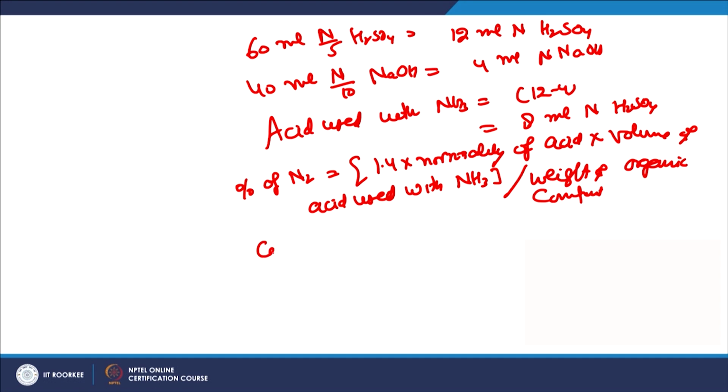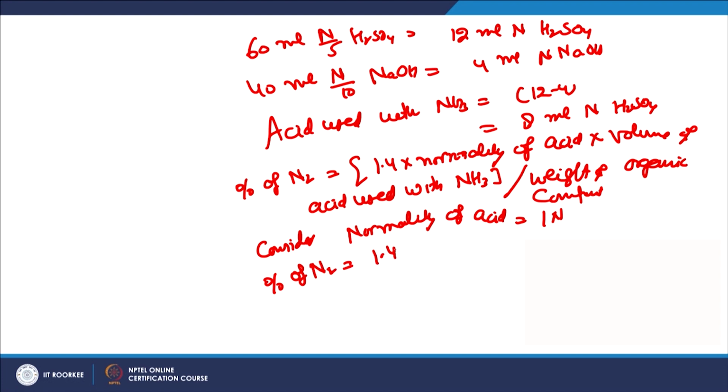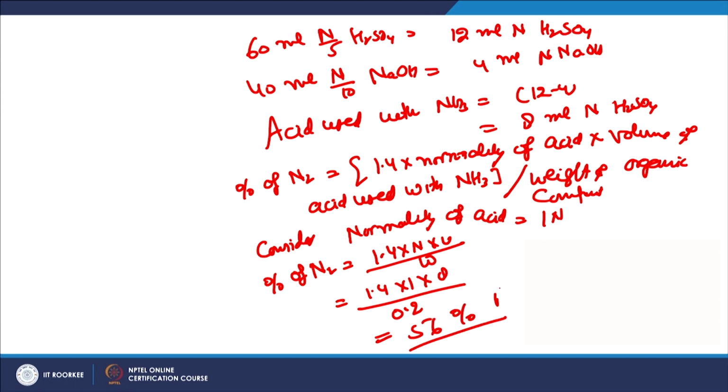Now we can consider normality of acid 1N. So the percentage of nitrogen is equal to 1.4 into N into V upon W, and that is 1.4 into 1 into 8 divided by 0.2, and that comes out to be 56%, and that is the answer.